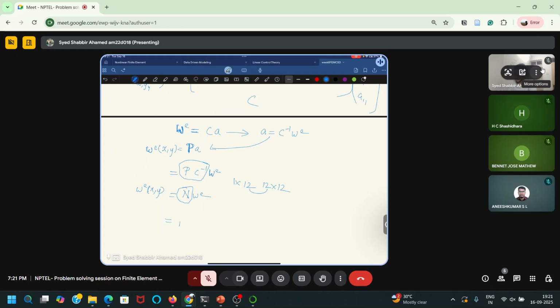So I'll get an N matrix of shape 1 cross 12. So I will have basically 12 shape functions. This is how I can get the shape functions for the finite element of the plate. That is the procedure.